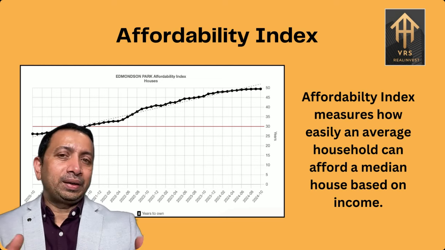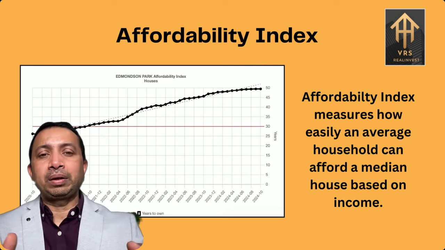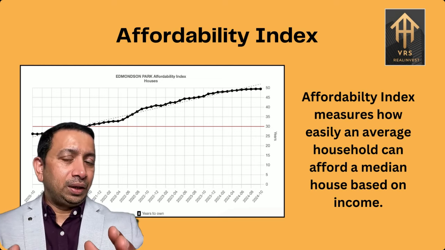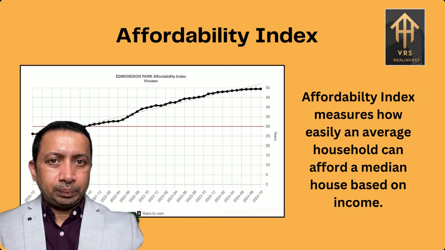If the affordability index is high, people cannot afford the property there, which means we cannot expect that much capital growth in that particular area. So the affordability index is one of the key factors when you're buying an investment property.